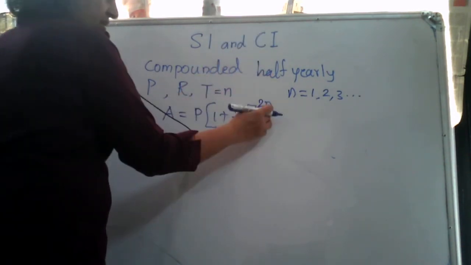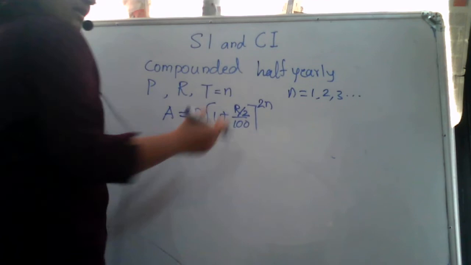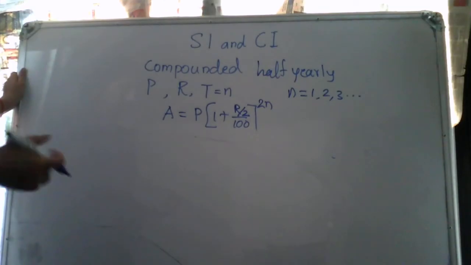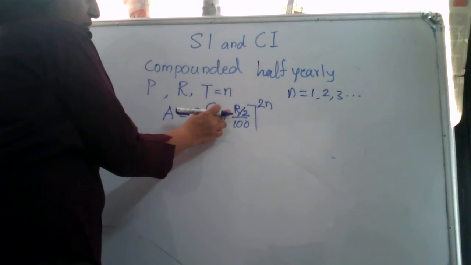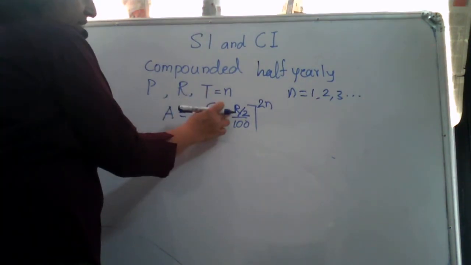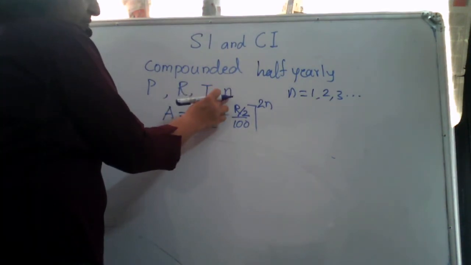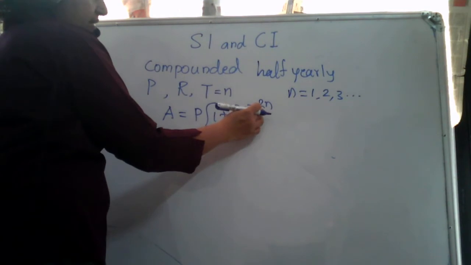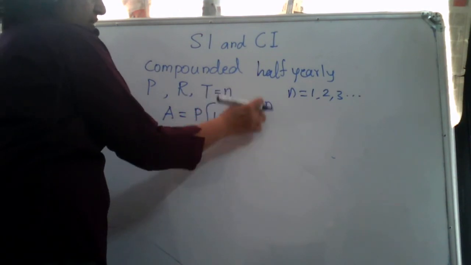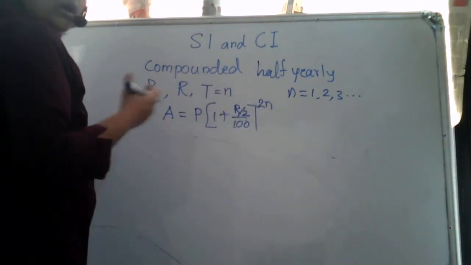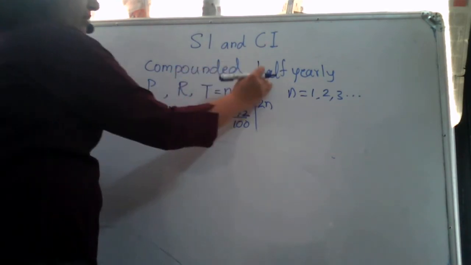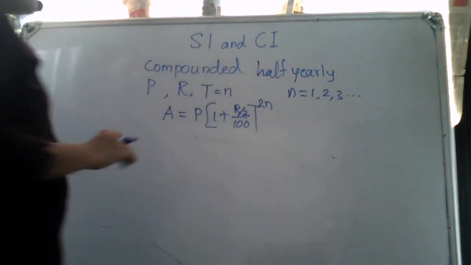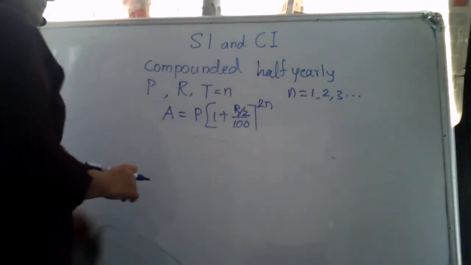If there are 3 years, 3 into 2, there are 6 half years, is what it indicates. So rate should be divided by 2, n is the time period here, so you have to get 2 times n. Number of years into 2 will give you how many half years there are. So you will be calculating it for half yearly compounding.